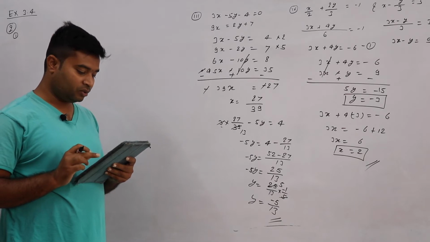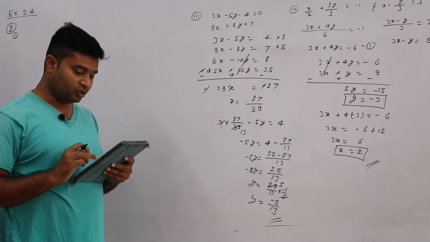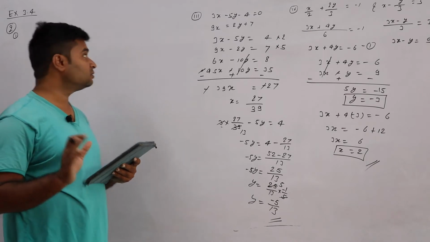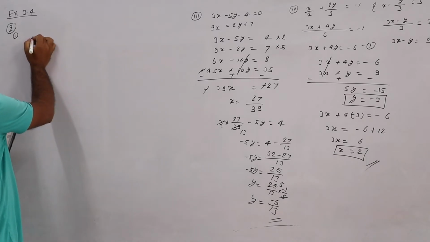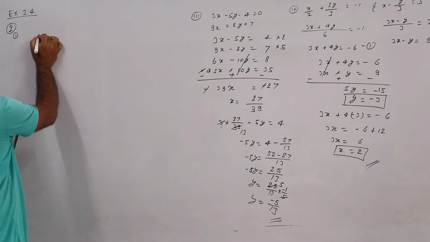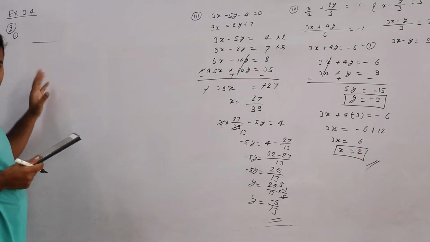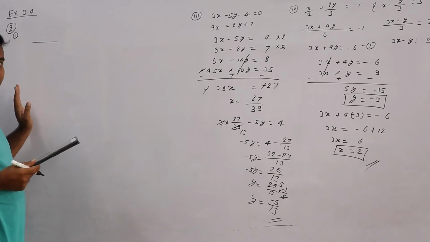It becomes 1 by 2 if we add 1 to the numerator. Understood anything? Nothing. Okay, see. So numerator and denominator. Up one is called numerator, down one is called denominator. Till here, okay? Yes or no?